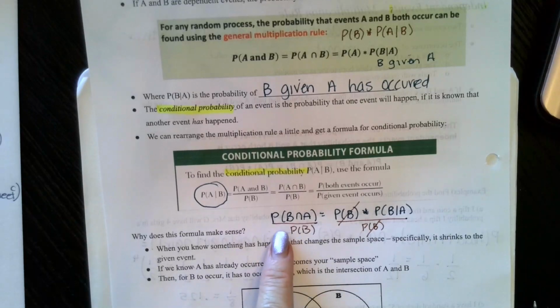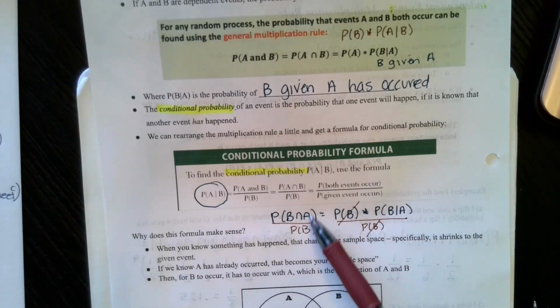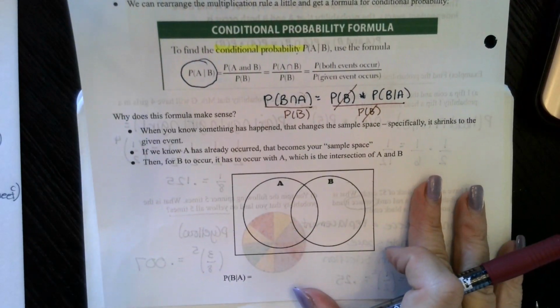So whether I write this as A and B or B and A, I'm saying the same thing. That's saying that both of those occur. So let's look at this in terms of a Venn diagram, and then we'll get into some actual practice.